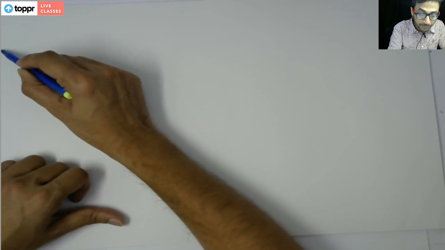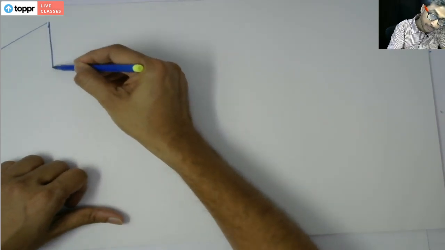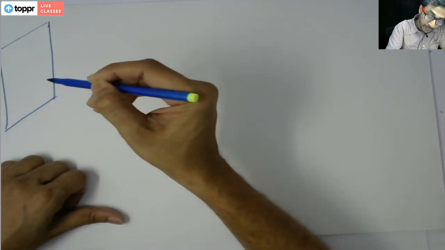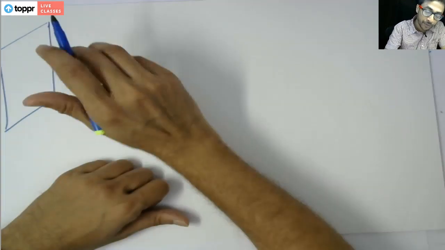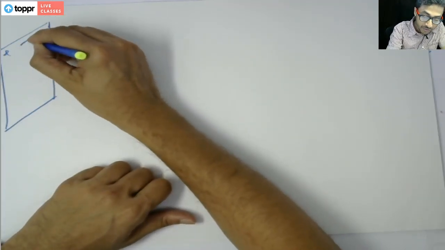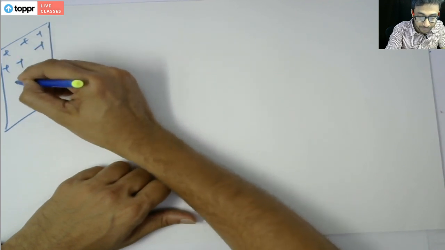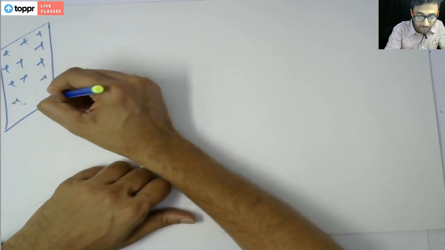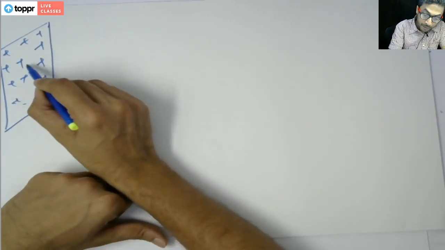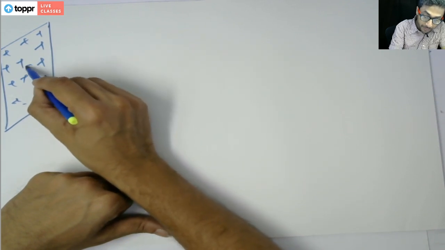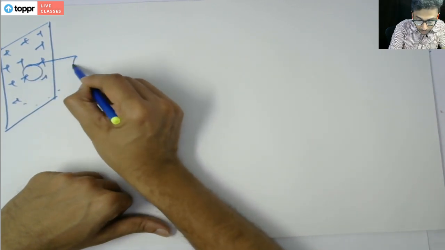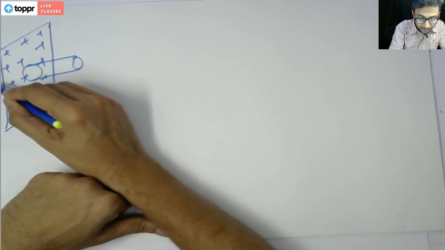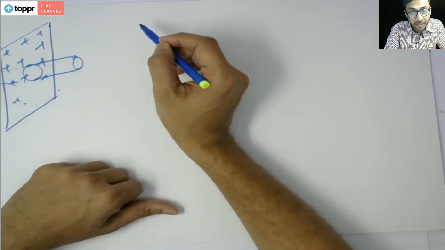We can also find similarly for a plane sheet of charge distribution. For this plane sheet, let us consider a Gaussian surface which is also cylindrical in shape.